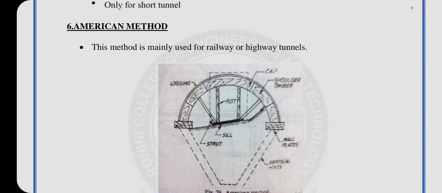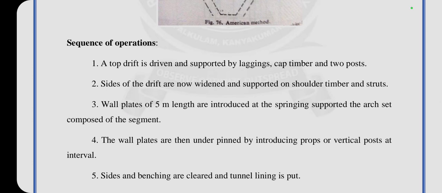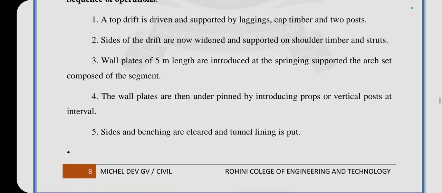The American method is used for railway and highway tunnels. Sequence of operation: the sides of the drifts are now widened and supported on shoulder timber and struts. The wall plates of 5 meter length are introduced with the supporting sets composed of segments. The sides and the benching are cleared and the tunnel lining is started.